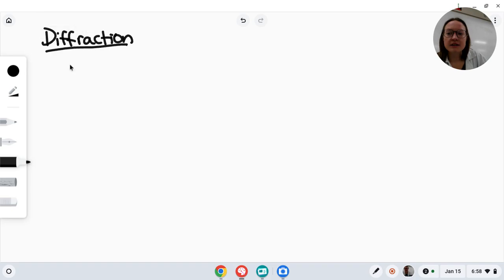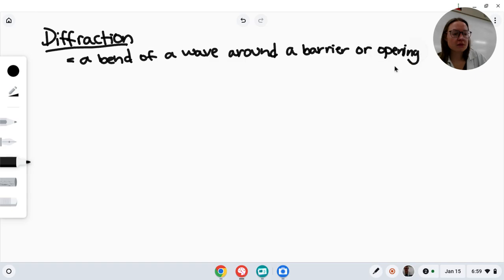Diffraction is also a bend of a wave, like refraction, but there's a key difference. Diffraction is a bend of a wave around a barrier or opening. Around a barrier or an opening.